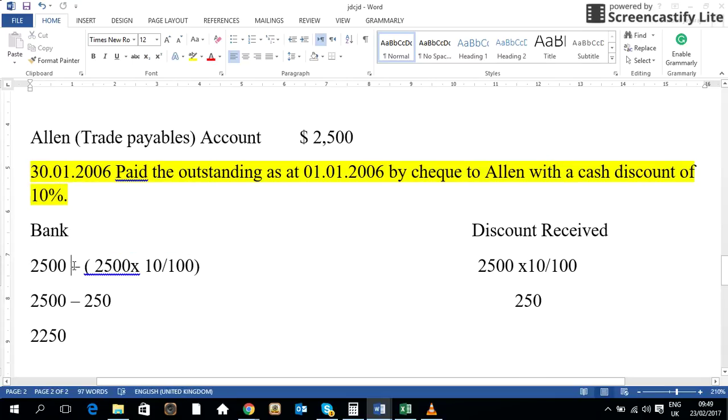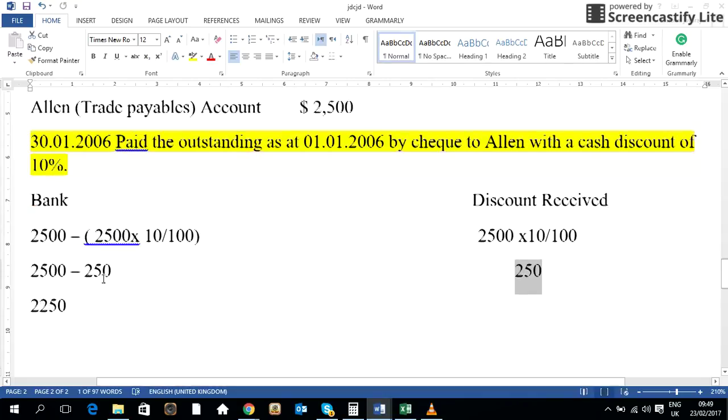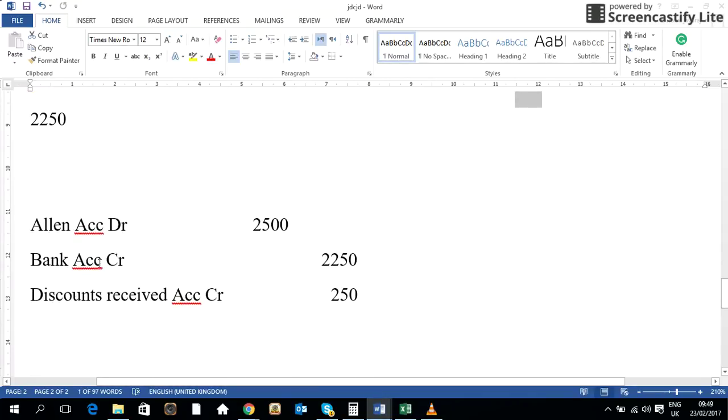So 2,500 take away, you calculate 10% of 2500, which gives an answer of 250. So 2500 minus 250 would be 2250, which will be paid by check by the business to Alan. And the discount received amount would be 2500 into 10%, which gives 250. Therefore, the double entry would be Alan account debit 2500, bank account credit 2250, discount received account credit 250.